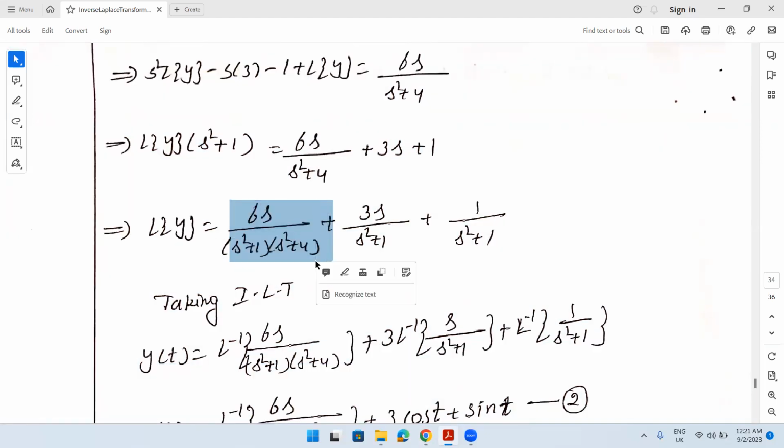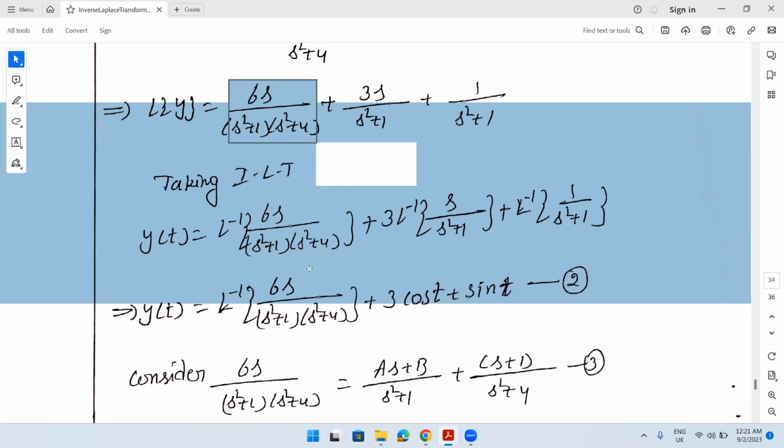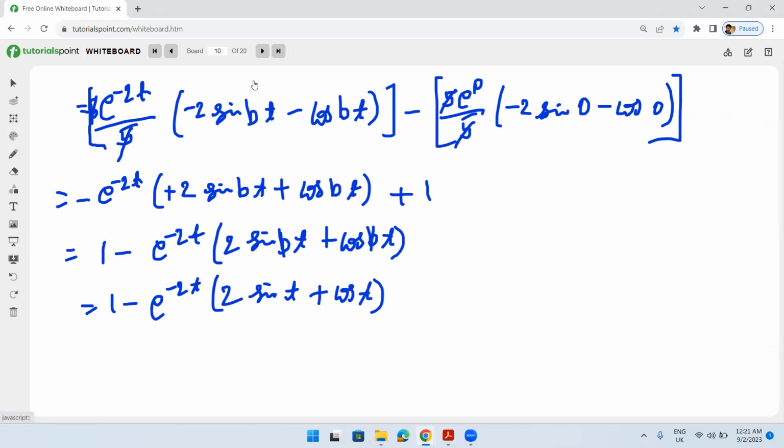Here we can apply partial fractions as well as the convolution theorem. Here partial fraction is easy. I told you the shortcut for this one.